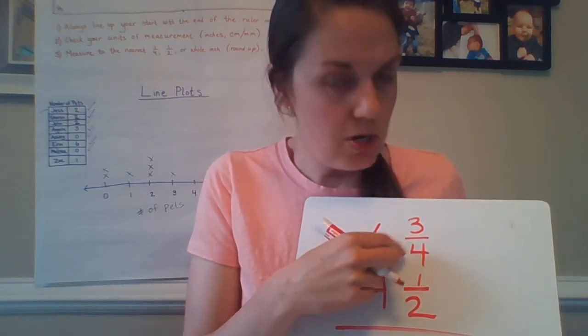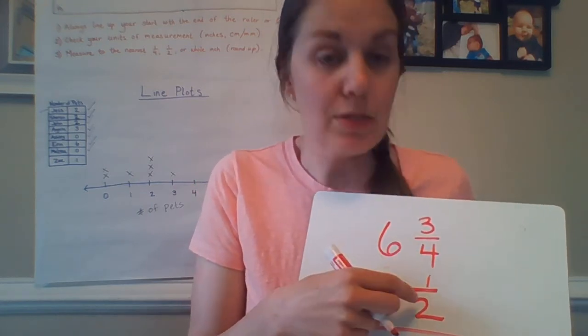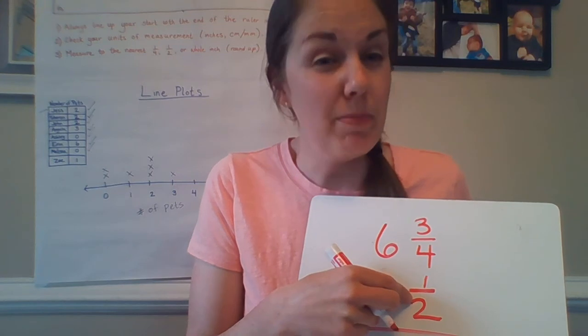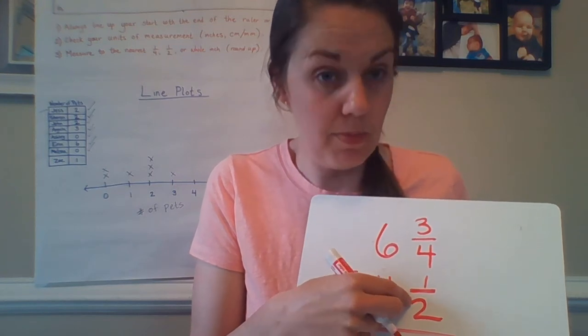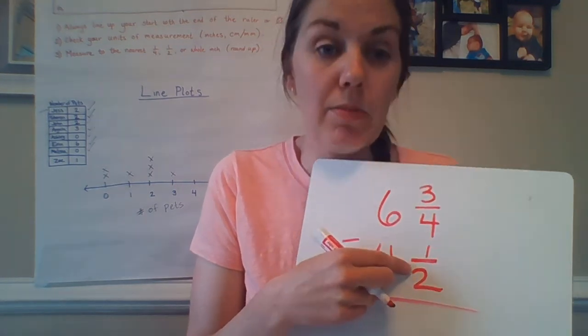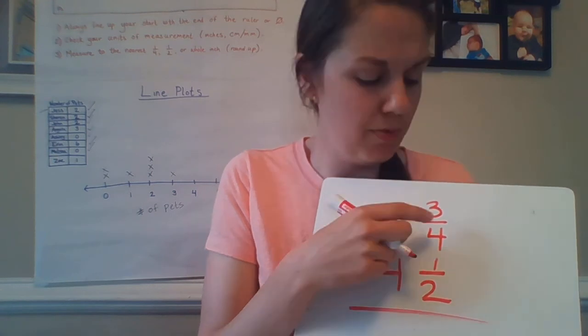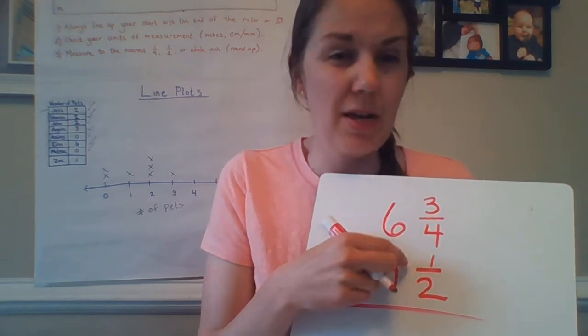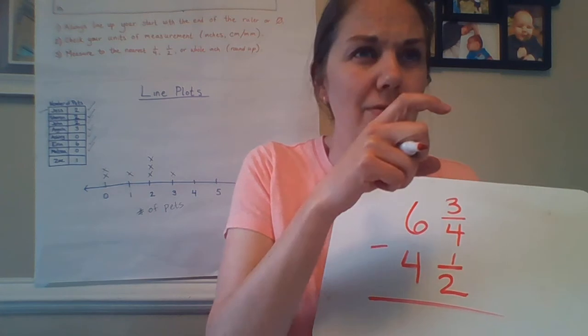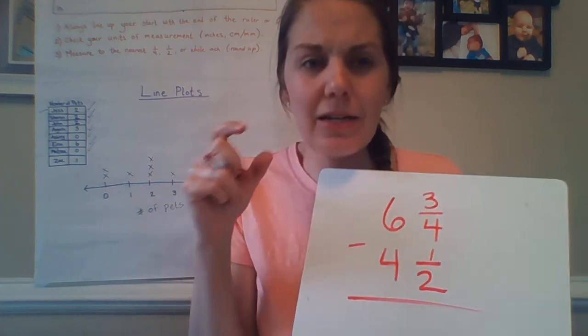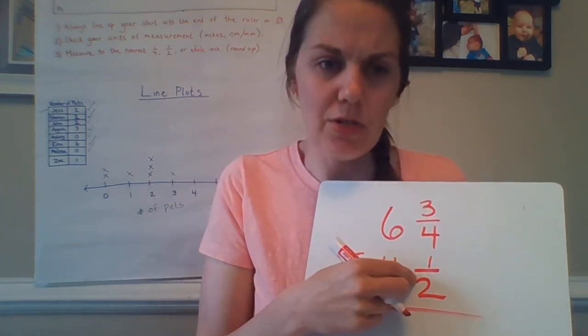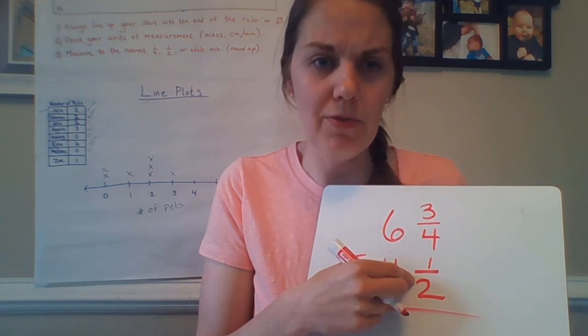Now, I know that 3/4 is more than 1/2, so it would make more sense for me to change my halves into quarters than it would to try to make 3/4 into halves, because then I would have half and a little bit more. I can't do it that way.